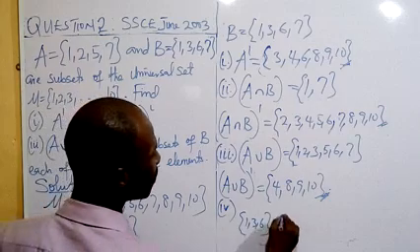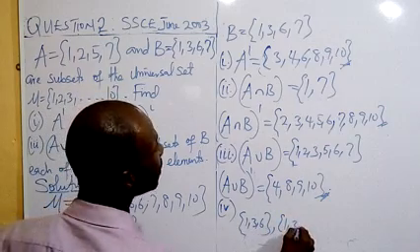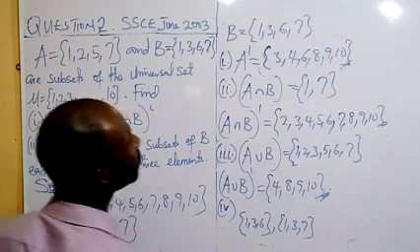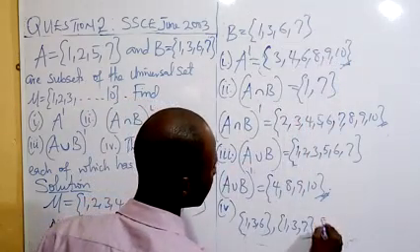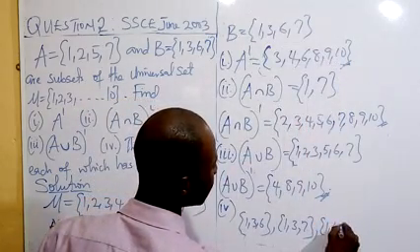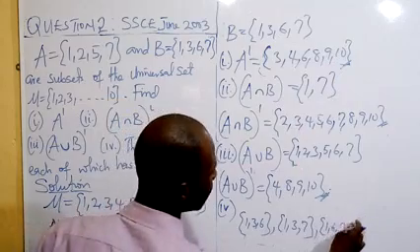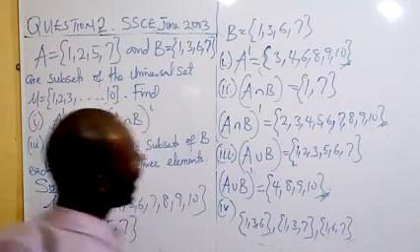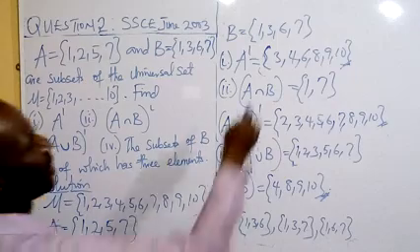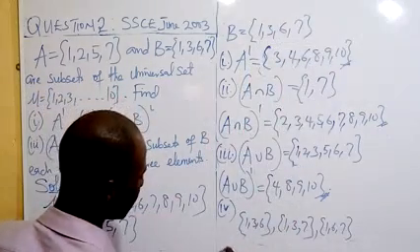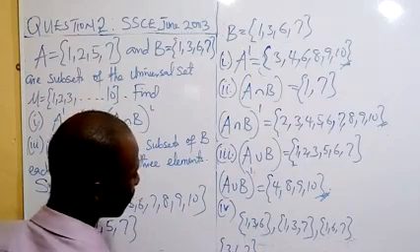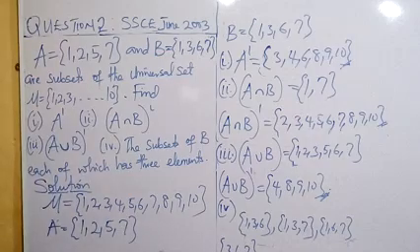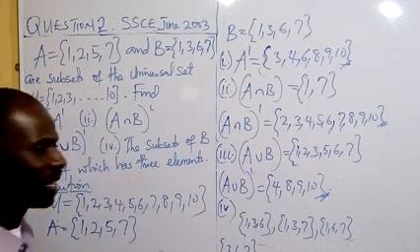It also has 1, 3, 7, yes. We can say 1, 6, 7. And we can say 3, 6, 7. So that is our final answer.